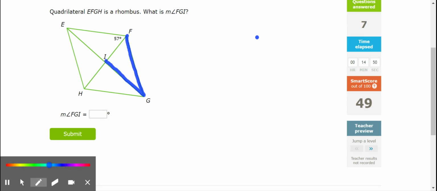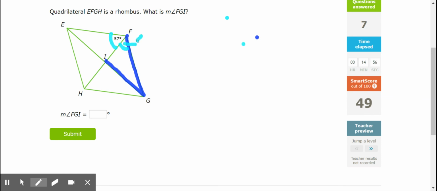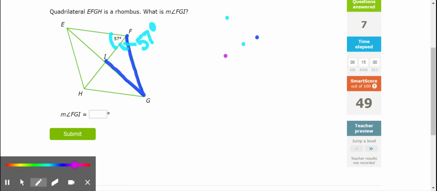If I know that this side is 57 degrees, then this side is also going to be 57 degrees. And I know that this makes a right angle. So if I'm just trying to find this little part right here, I just need to subtract both of those angles from 180.